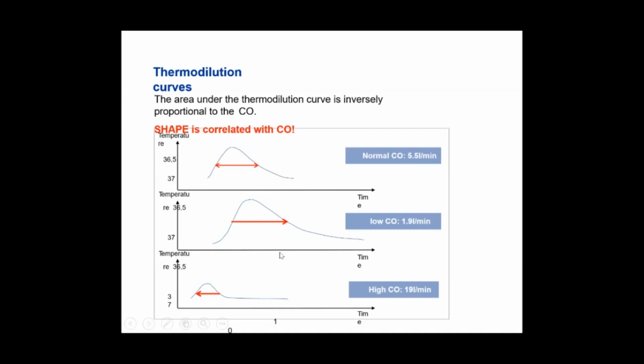Sometimes if you do not know this concept, you may get a doubt in your mind, oh, this curve is so small, how do I get a cardiac output of 19 liters per minute? Or you say, oh, this curve is so big, I should have got a very good cardiac output, but the monitor shows 1.9 liters per minute. And this, of course, is a normal curve with a normal cardiac output. So remember this concept. This is why I shared this.